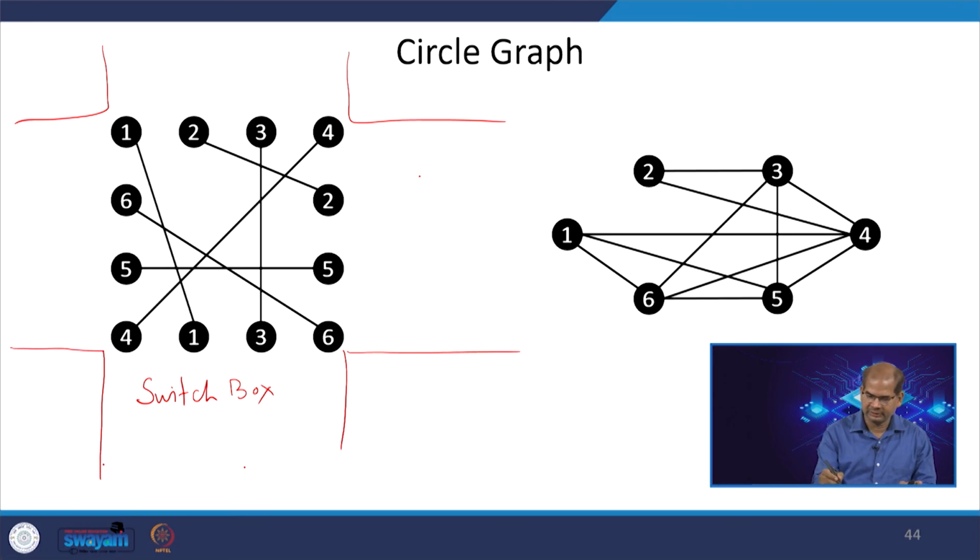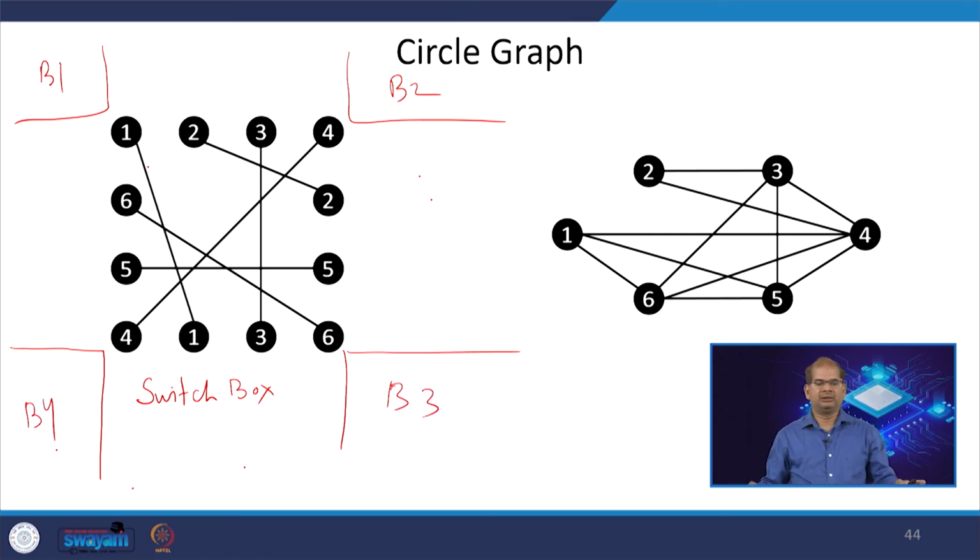Let us say this is block 1, block 2, block 3, this is block 4. Like the crossings in our streets, you have paths from all the sides. So, this is called a switch box in case of channel routing algorithms. It is called a switch box because in all directions you have paths to route.